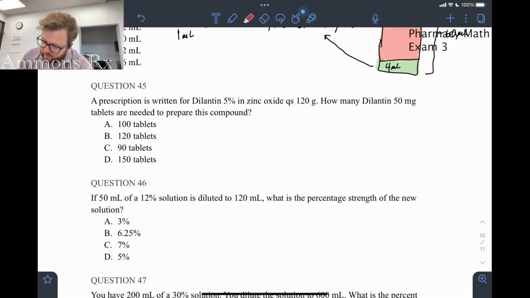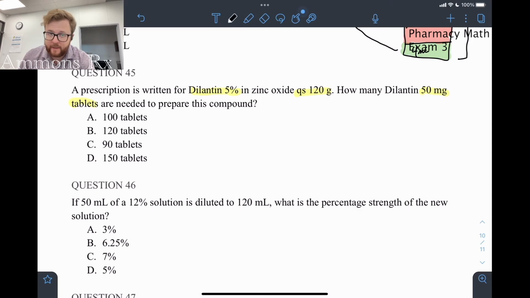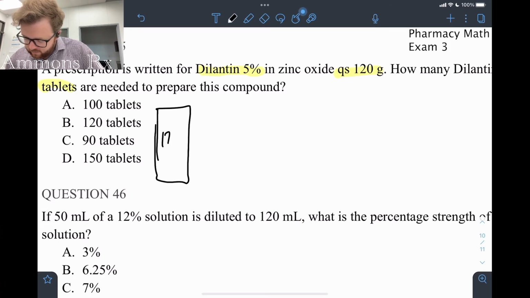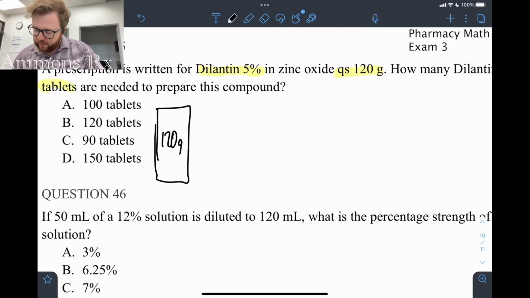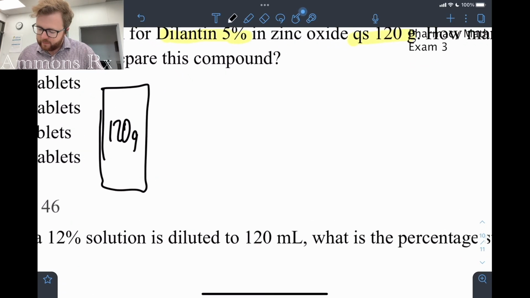A prescription is written for Dilantin 5% QS to 120 grams. How many 50 milligram tablets are needed to prepare? What you need to understand is that it is a weight, so this cream is measured by how much it weighs, which is 120. You're asked for 5% of 120 grams.